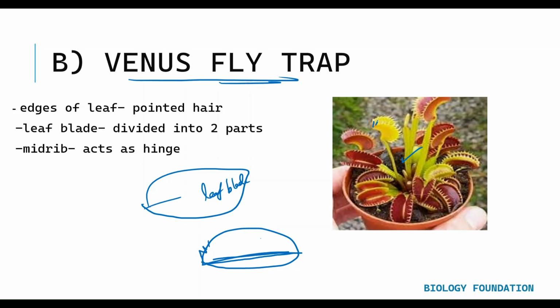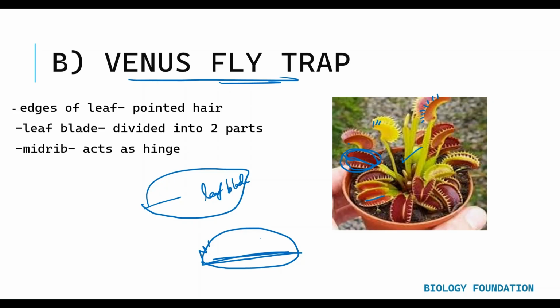Can you see there are spines or hairs at the margins of the leaf? This is a single leaf which got divided into two. It's not completely divided, it is attached. This is one leaf, and the leaf blade is divided into two parts.